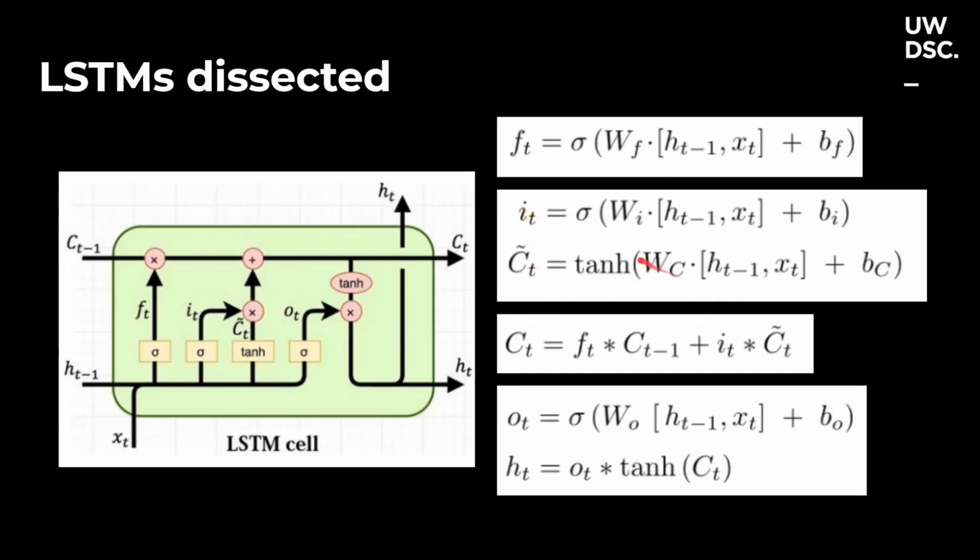I stands for input, and it's also just weight times input plus bias. For output, it would be here. And that's all for this slide.